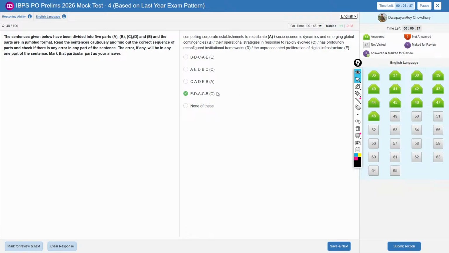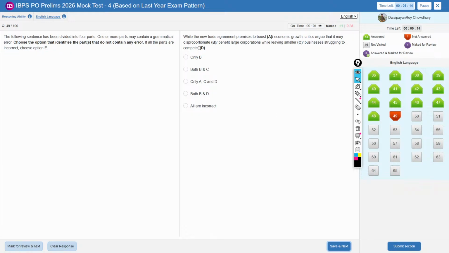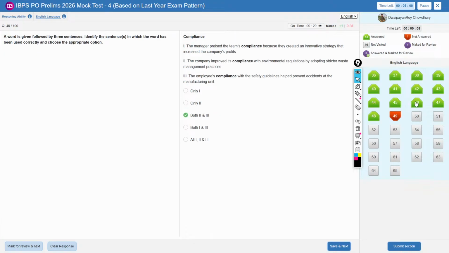And bracket C where error, their operational strategies in response to rapidly evolving. Do not contain error.